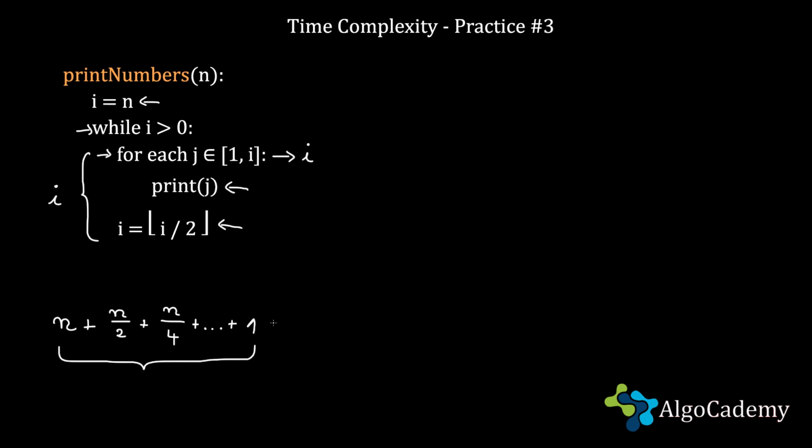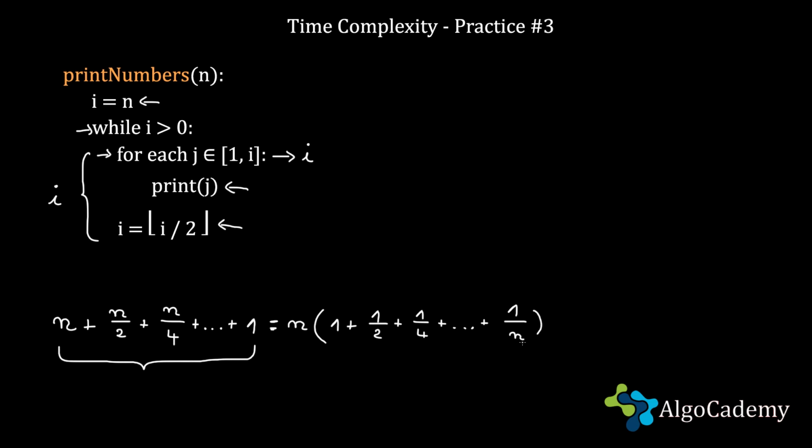So I can say that this sum is n multiplied by 1 plus 1 divided by 2 plus 1 divided by 4 plus, and so on and so forth, until, of course, I get 1 divided by n.